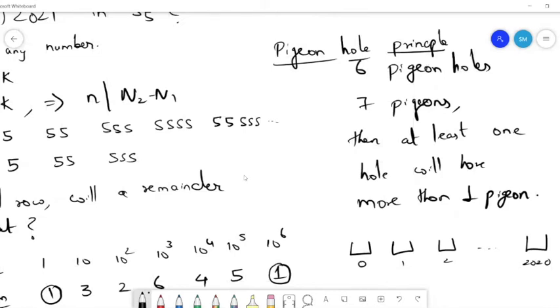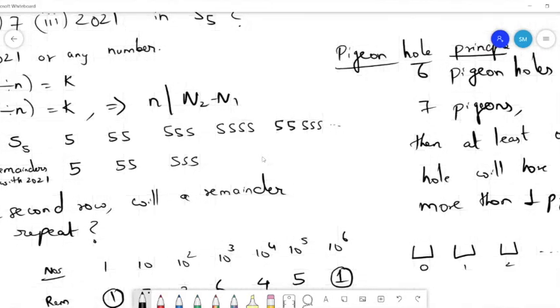Worst case, you can guarantee that a pigeonhole will have more than one pigeon after the 2020th term, right? Exactly.